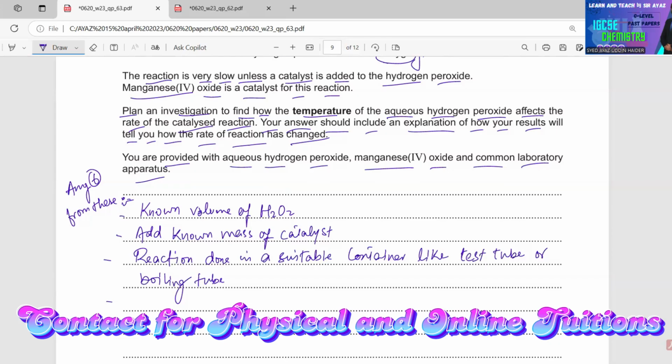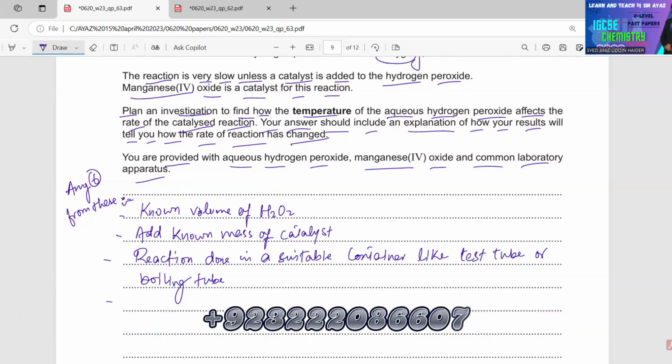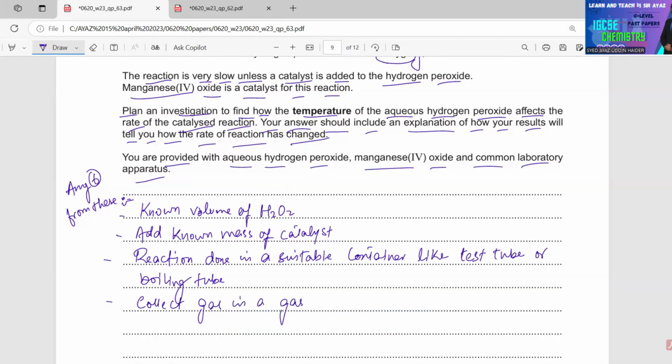In case you are investigating the change in volume, then you write collect gas in a gas syringe. I'm writing the name of the apparatus.